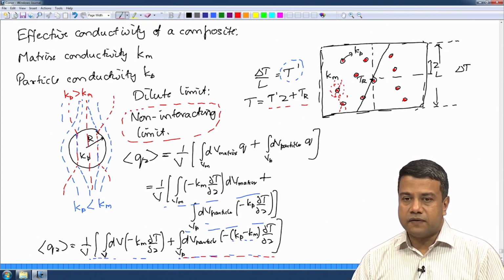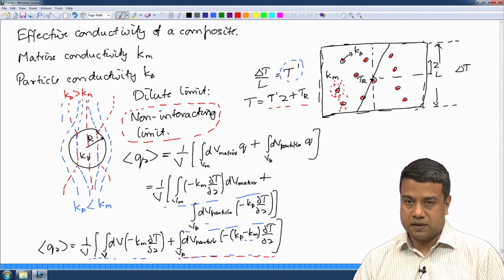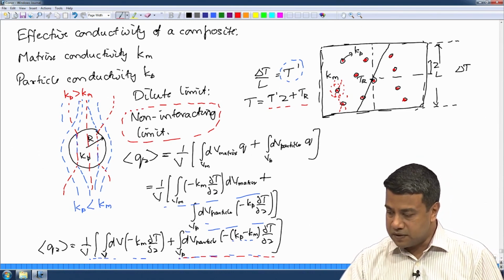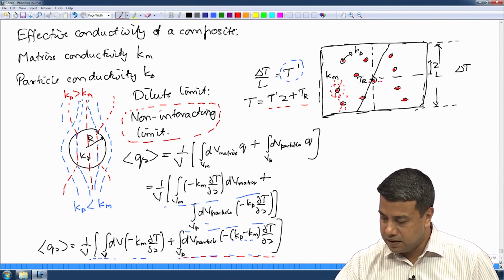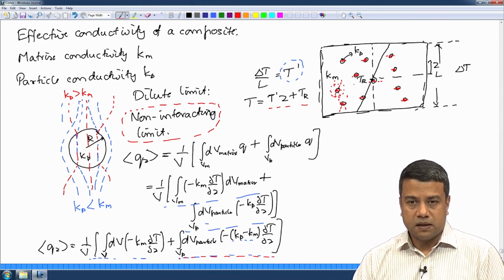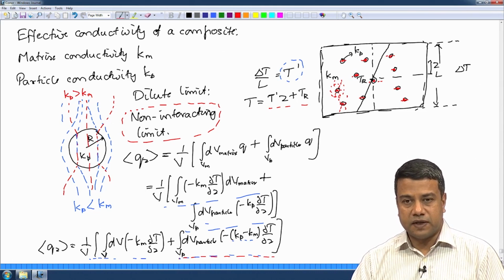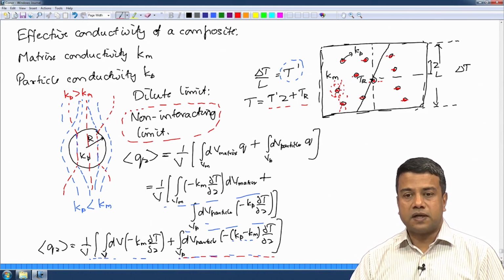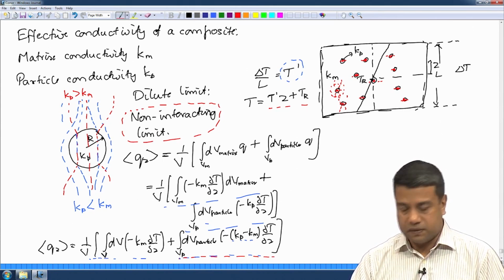So, each particle is effectively identical as far as the temperature gradient is concerned. For each particle, of course, the average temperature at its center is going to be different because it is located at different z locations and the temperature varies with z. However, the gradient that it sees far from the surface is going to be the same for each particle. Therefore, the temperature gradient within the particle will also be the same for each particle.